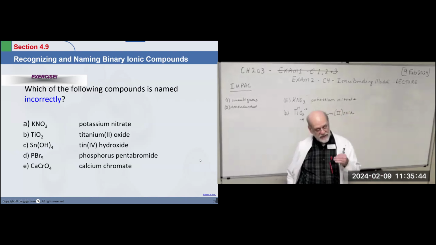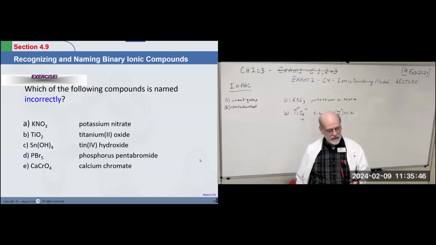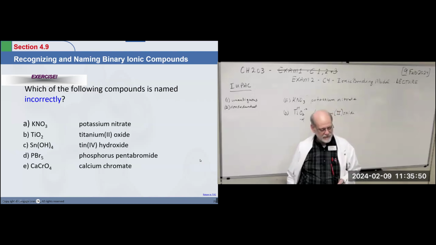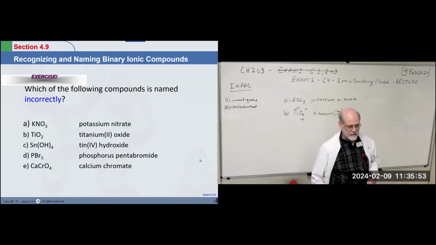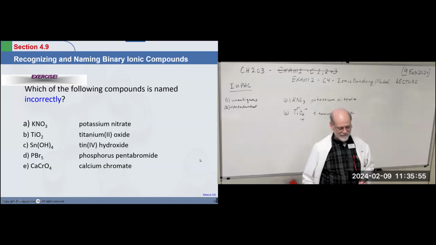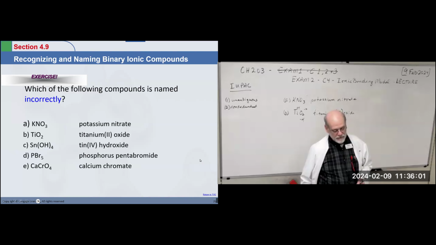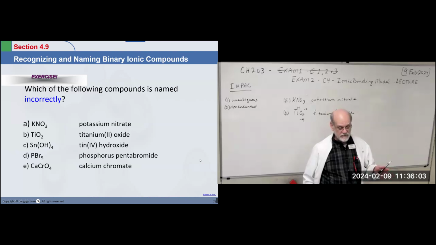So tin must be a 4 plus. Tin 4 hydroxide is correct. How about D? Phosphorus and bromine. Right. They're both nonmetals. That's a type 3 compound. So we just need to say how many of each. Phosphorus pentabromide. Penta is 5.